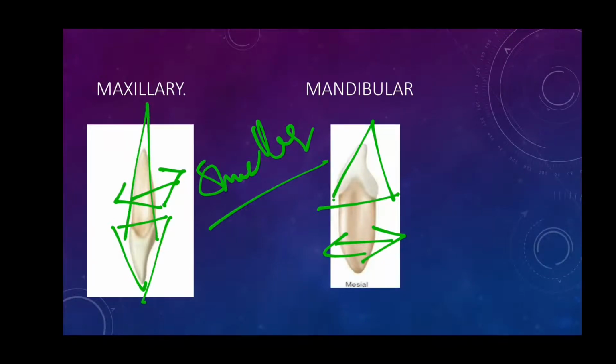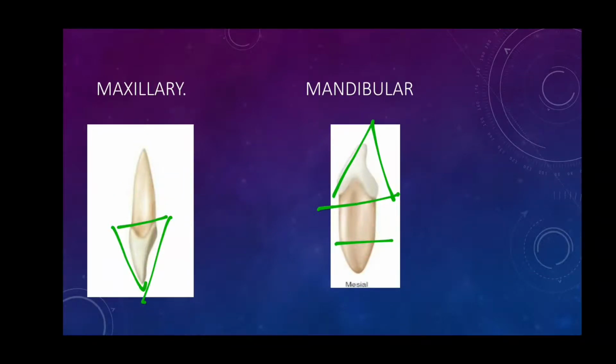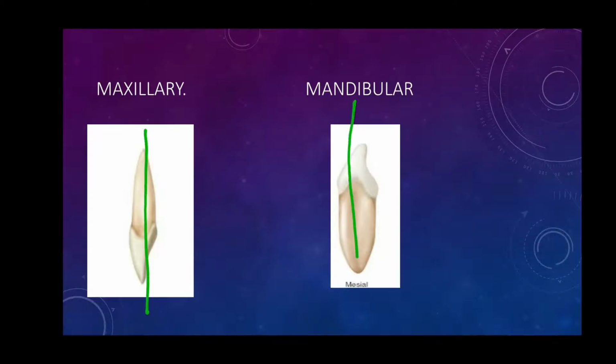The root is narrower than the mandibular, and the cingulum is elevated. This is a small cingulum, it's not elevated, and the root axis is somewhat lingually present. If we draw from the midline, see, the root axis is somewhat labial here, somewhat lingual here.